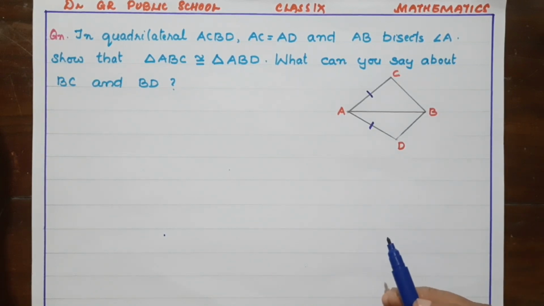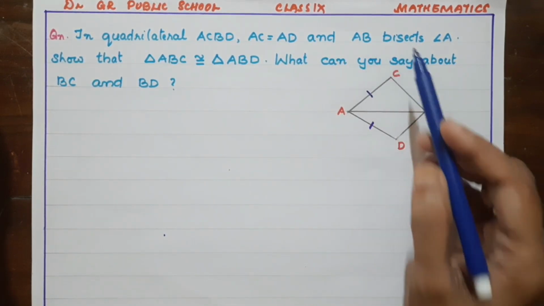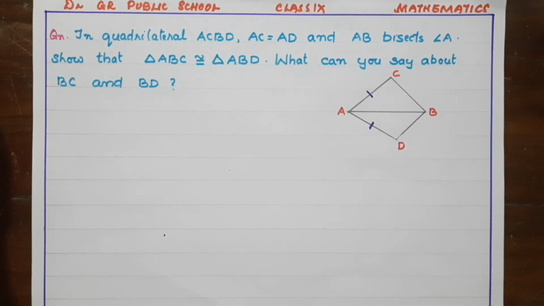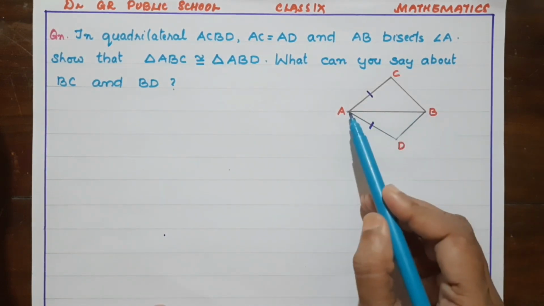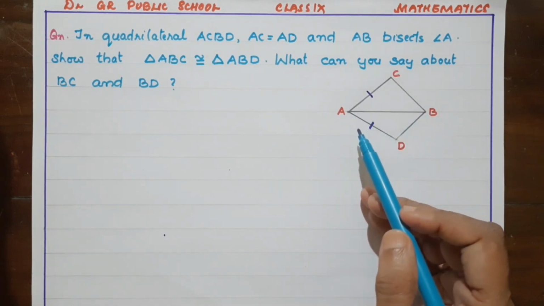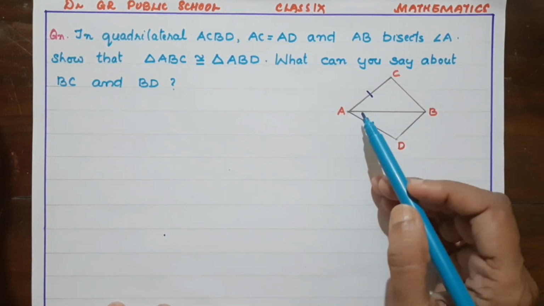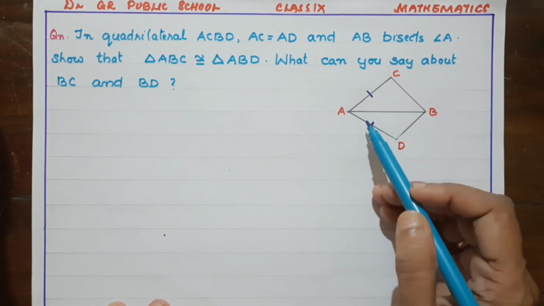Then what is given? AB bisects angle A. This is AB. Bisects means dividing into two equal parts.